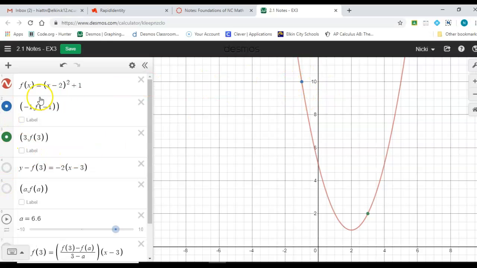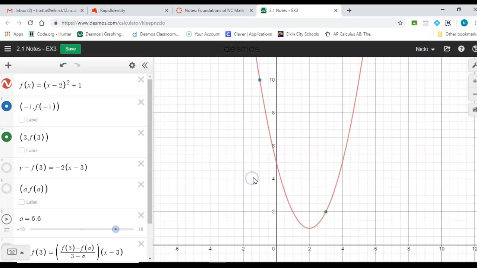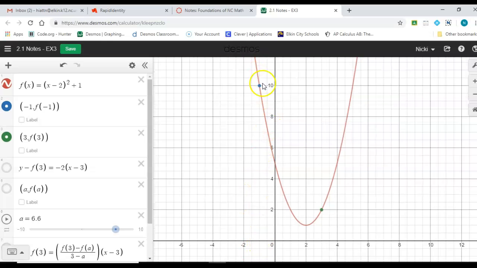Here are 2 points. We've got a point at x equals -1, and at x equals 3, we have a point. And we want to know the rate of change just over that time period, right? So we're really looking at the slope of the line between those 2 points in this case.